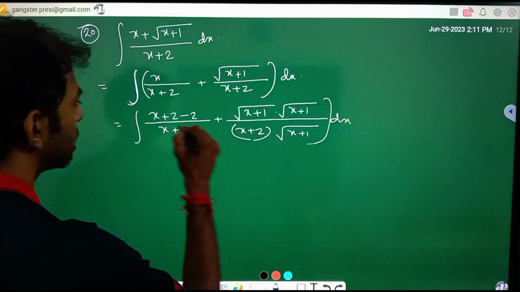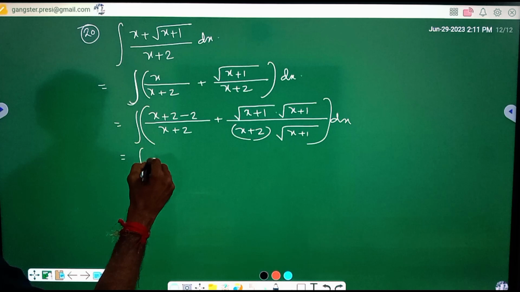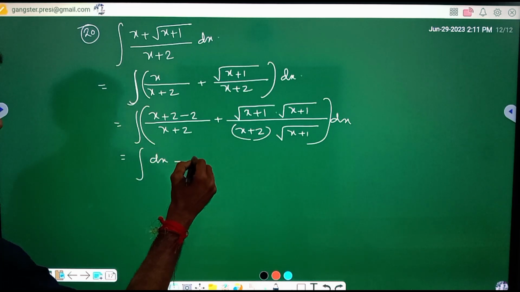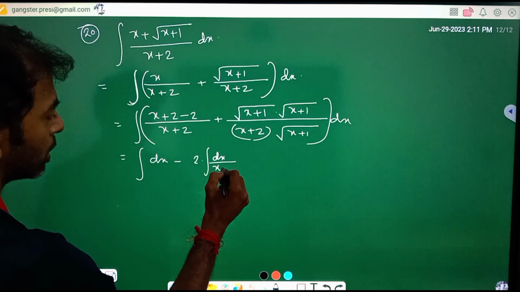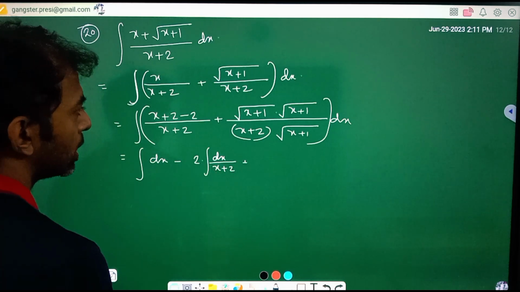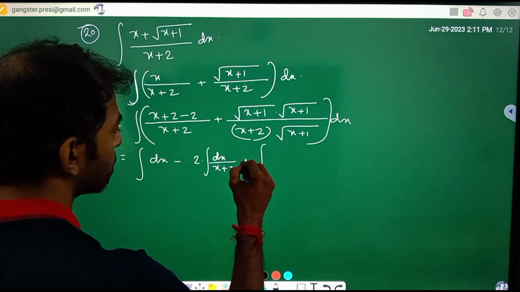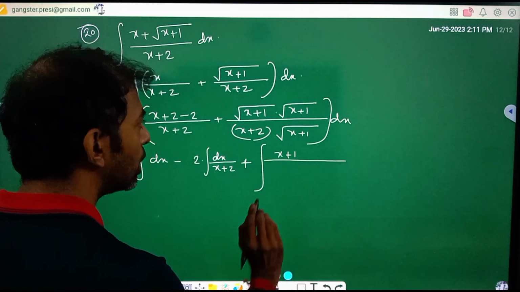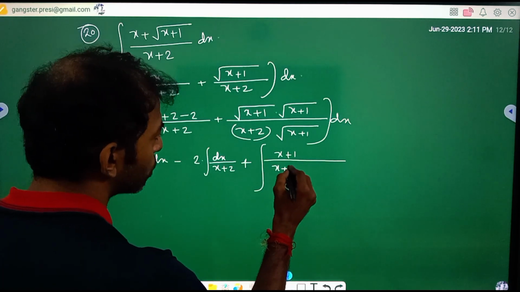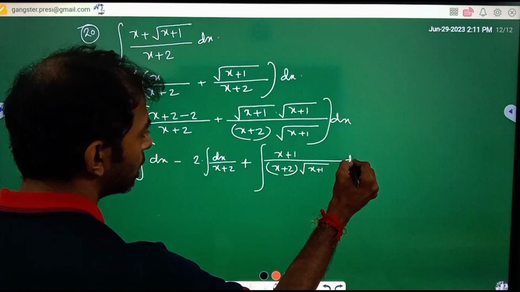So in this case x plus 2 by x plus 2 will be dx, then minus 2 integration dx by x plus 2, plus, root under x plus 1 will be x plus 1, we all know that. Now x plus 2 under root x plus 1 dx.